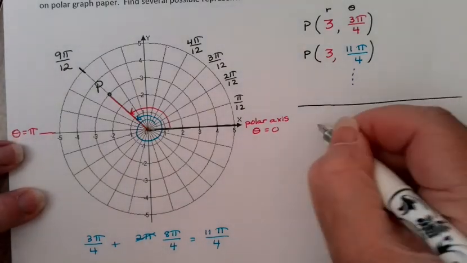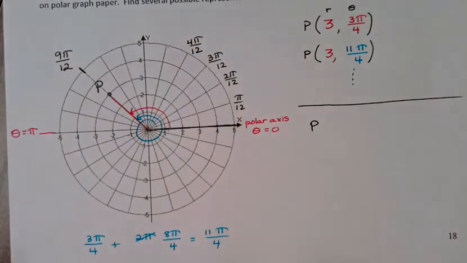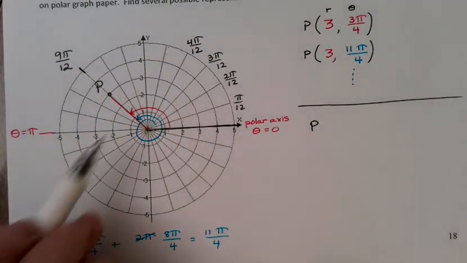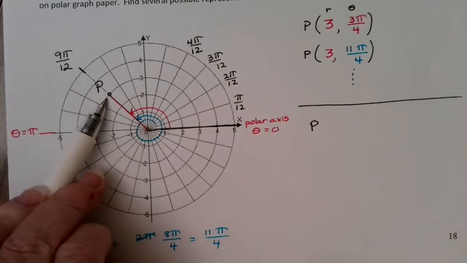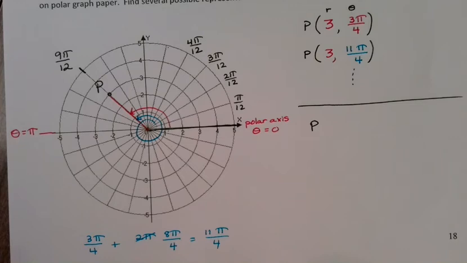There's another way to write P as well. I said that r was the directed distance, with the distance from the pole toward P being positive. I can also make that a negative distance. And the way that I do that is by literally pushing exactly the opposite direction across the pole.